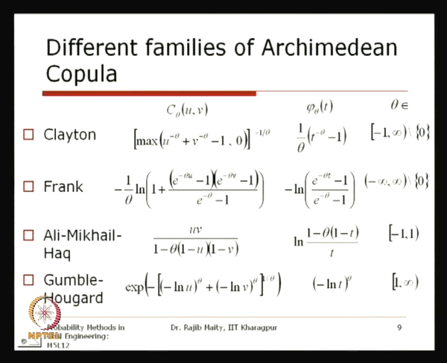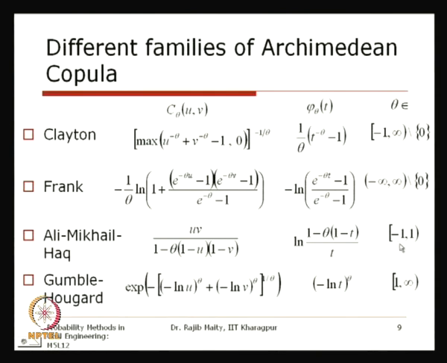The next one after Clayton and Frank is the Ali-Mikhail-Haq, and this copula form is uv divided by 1 minus theta into 1 minus u into 1 minus v, and its generator is log natural of 1 minus theta into 1 minus t divided by t.